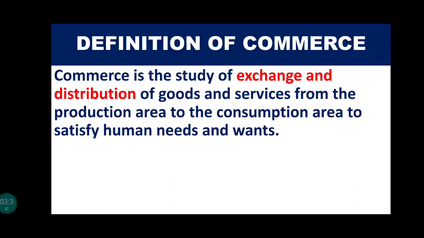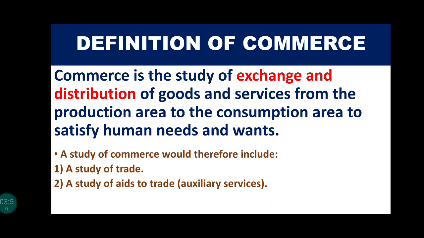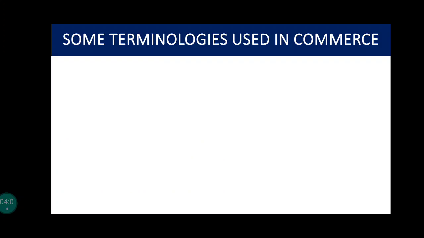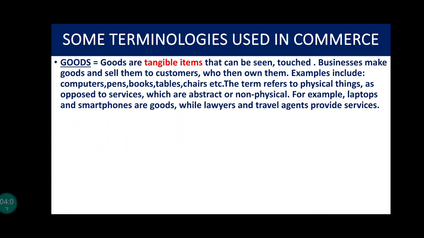Commerce is the study of exchange and distribution of goods and services from the production area to the consumption area, to satisfy human needs and wants. So a study of commerce would therefore include a study of trade as well as a study of aids to trade, meaning auxiliary services.